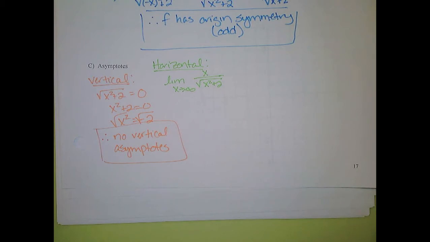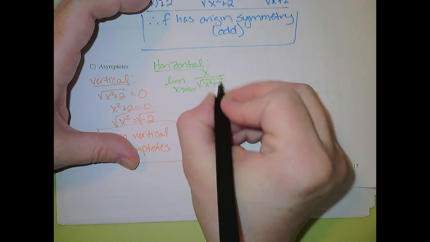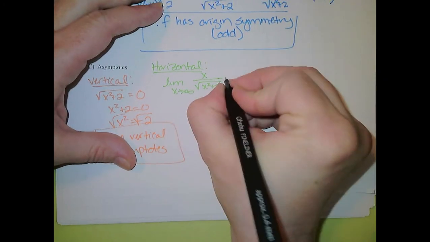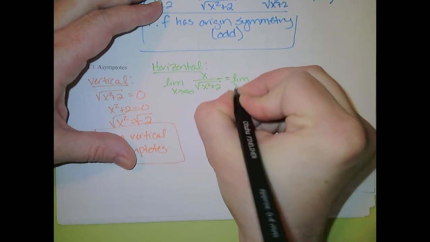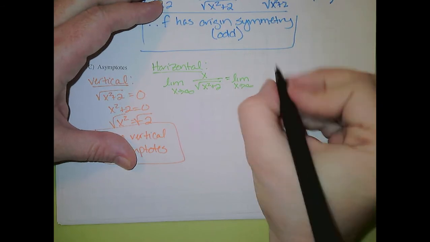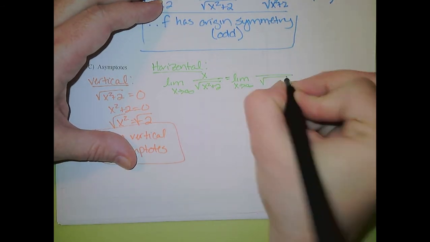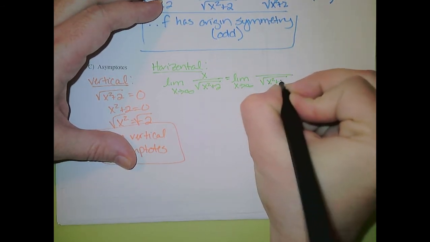And previously I told you guys that one of the easiest ways to do that is to divide everything by the highest degree of the denominator. In this case, the highest degree of the denominator, we're going to say, is the square root of x squared. So I'm going to take my denominator, x squared plus 2, and I'm going to divide it by the square root of x squared.